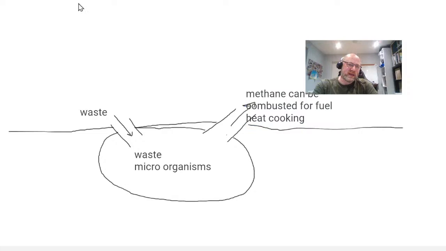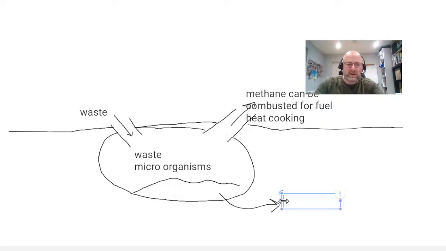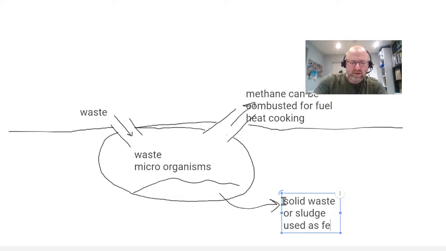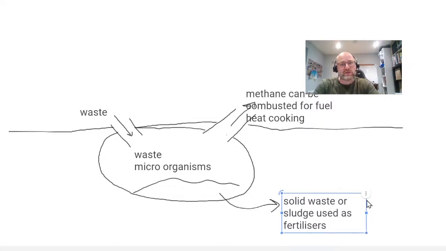You can also take the waste sludge that's left at the bottom. The sludge can be used as fertilizers. So solid waste or sludge used as fertilizers. You can then spread that on your crops and get your crops to grow.